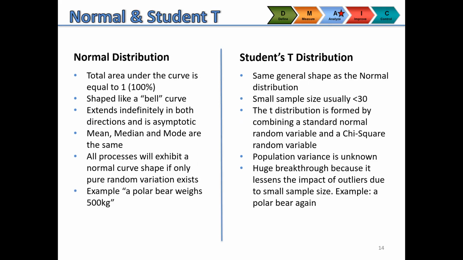Normal distribution we're very familiar with. Total area under the curve is 100%, shaped like a bell. The mean, median, and the mode are the same, as you saw with my weight distribution. All processes will exhibit a normal curve shape if only pure random variation exists, or common causes of variation. If I have too many special causes of variation, then it's not going to.